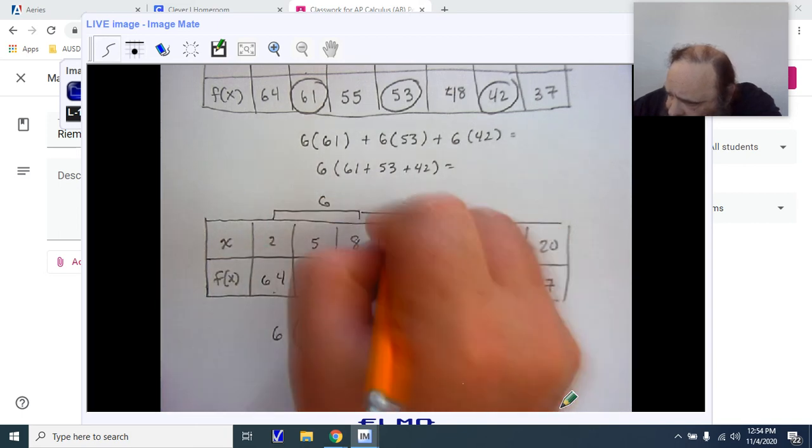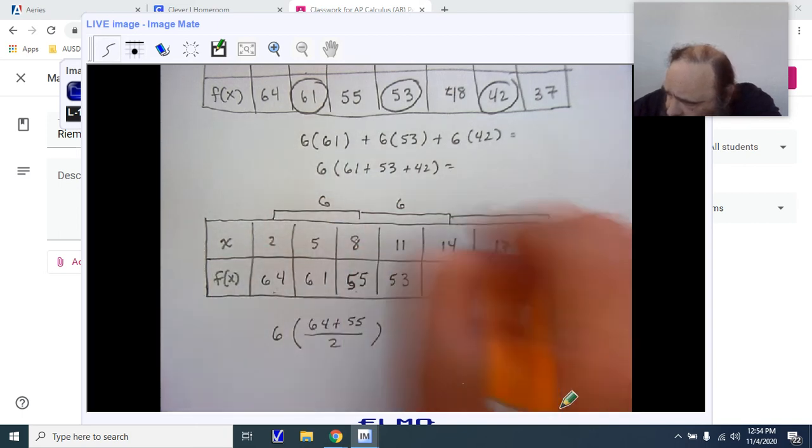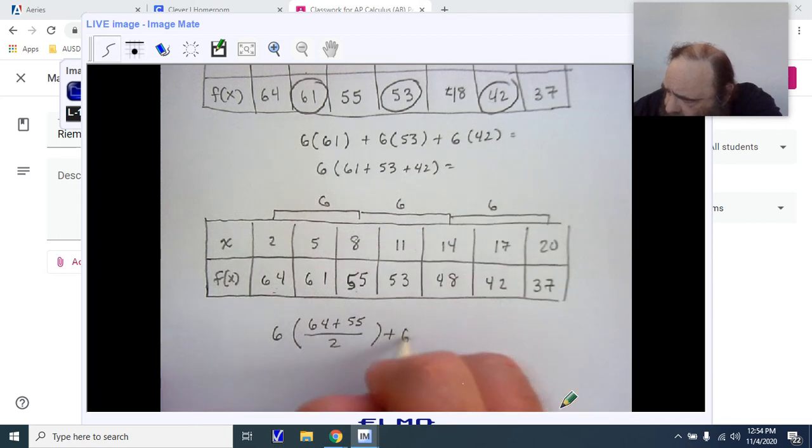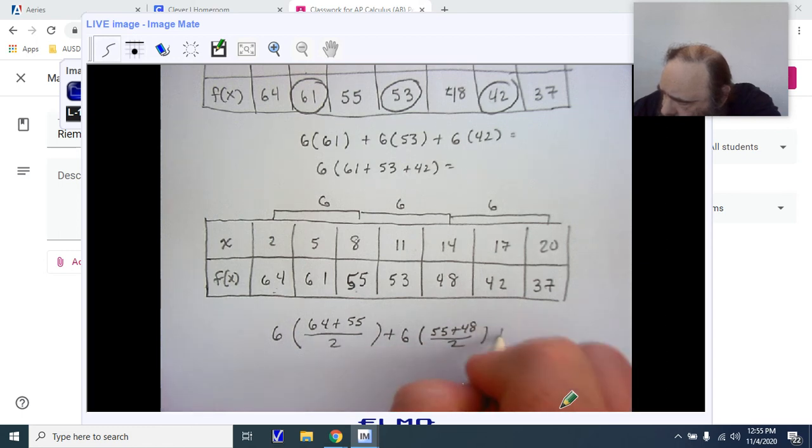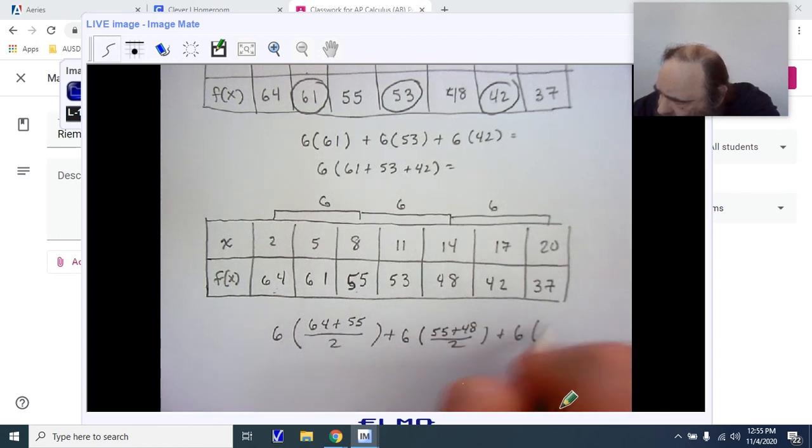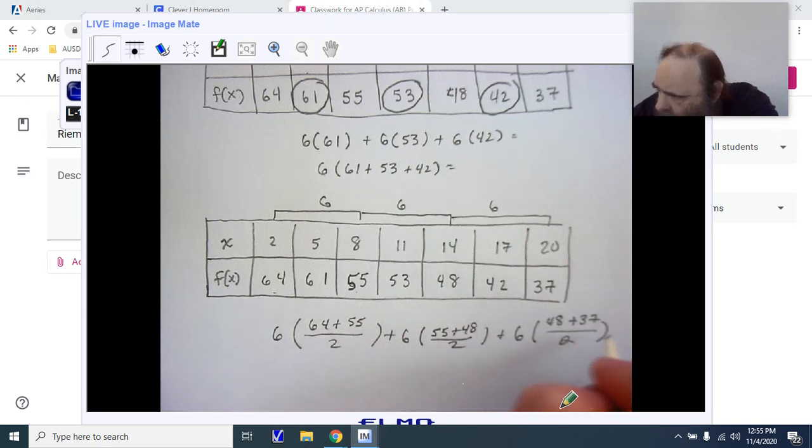Next gap was 6. Last gap was 6. 6 times 55 plus 48 divided by 2. And we had 6 times 48 plus 37 divided by 2.